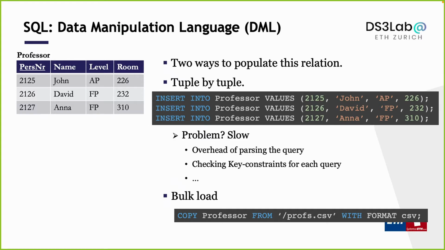That's something most database systems today support. And if you really have a lot of data, CSV is not that efficient. It's more efficient than insert into, but it could be faster. You could put your data into a binary form, and the system can load it much, much faster without parsing it.